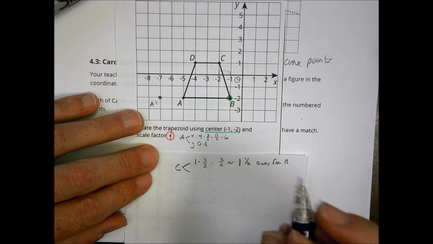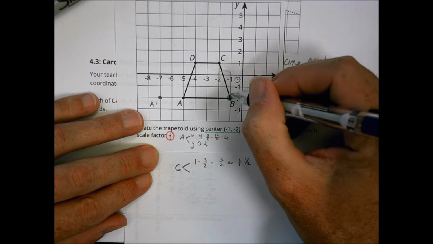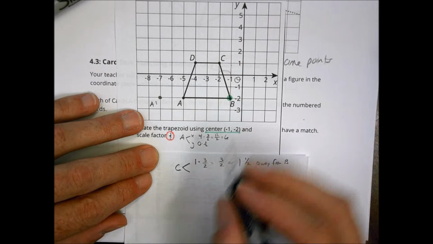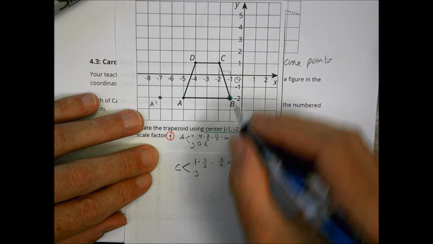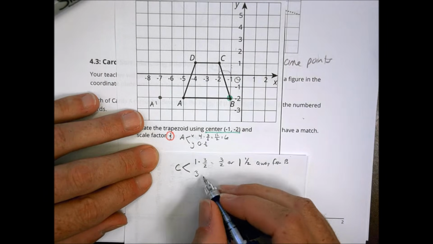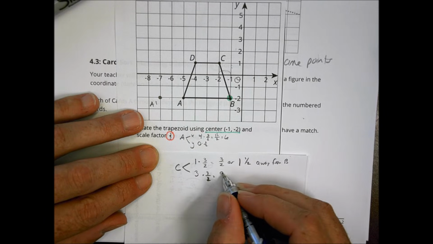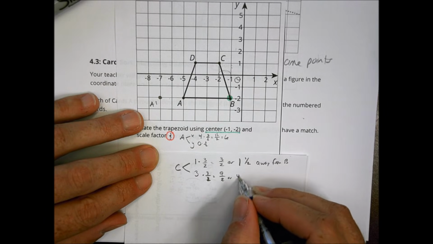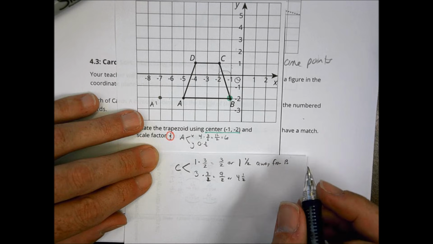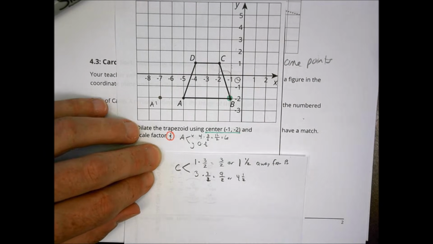We'll get there in a second. For the vertical part, we notice that we're at 1, 2, 3 away vertically from B. I'll multiply that by 3/2, and when we do that, we have 9/2, or 4.5 away. Okay? So let's go back to this point right here.